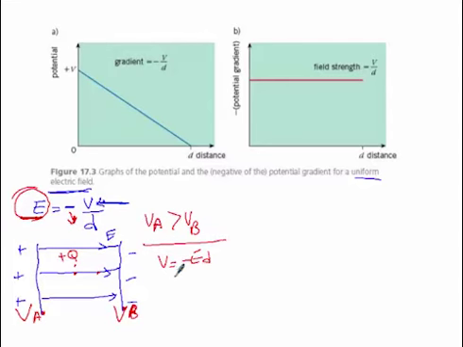This means that V is proportional to D, but in negative direction, opposite direction. So the relationship between them will be a straight line, but with negative slope. Straight line with negative slope.